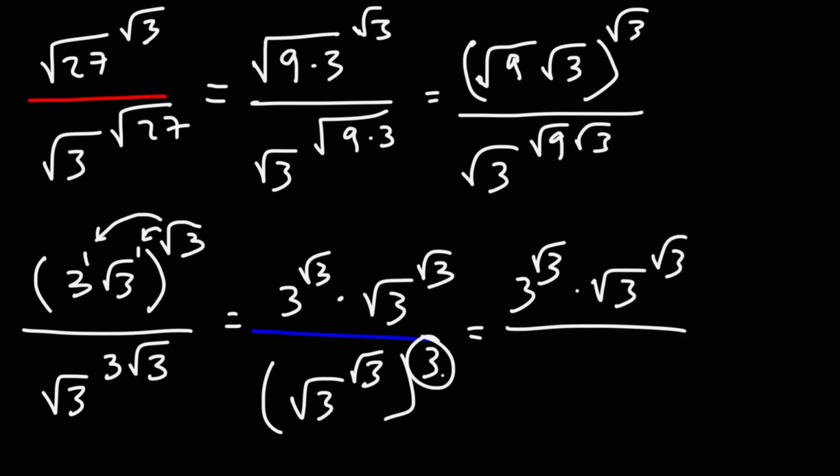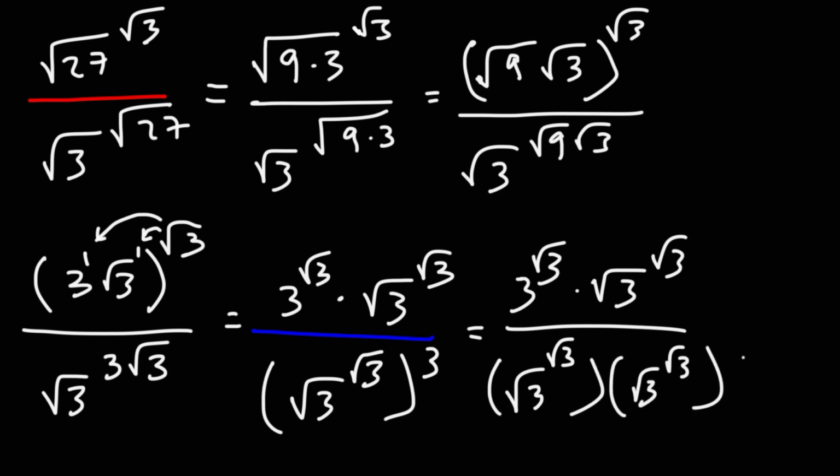Now this 3 tells me that I have 3 of these things that are inside the parentheses. So I have 3 of square root 3 raised to the 3. So I'm going to expand it. That's what this 3 tells me. I have 3 of what's inside.